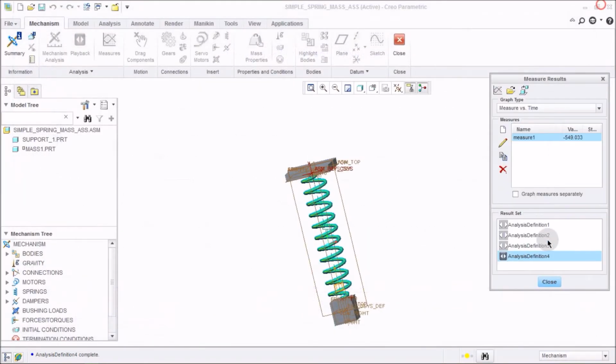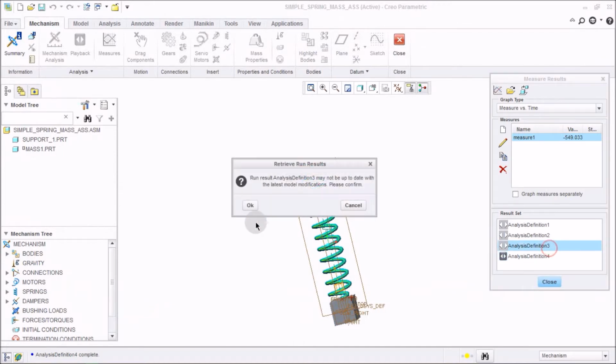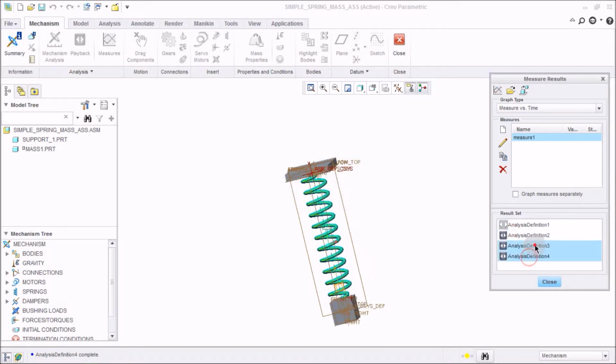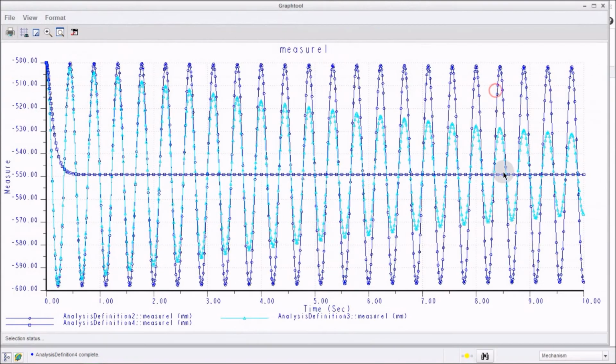Now we will compare all these three phenomena. Okay, so press control and select these three analysis definitions, and here select this also, measure and plot the graph. So we will have the three comparisons over there.